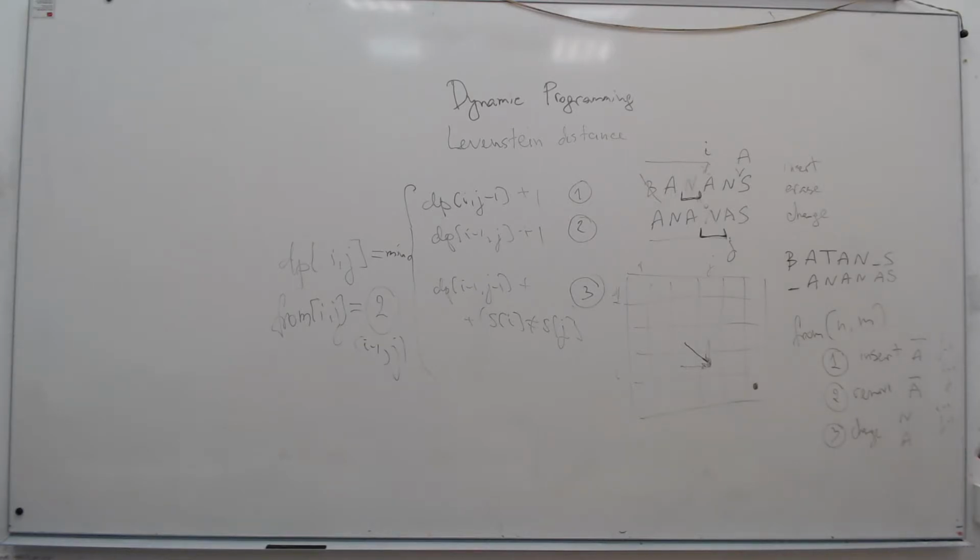Okay, of course the same you can do with the longest common subsequence. You just understand from where you come, either from the top or from the left or from the top left, and then you restore the longest common subsequence easily.